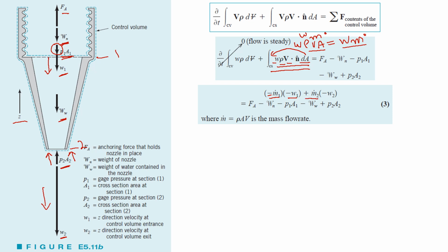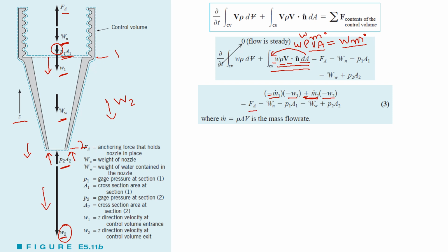Plus m dot 2, the mass flow rate at section 2 for fluid going out of the system, and a positive sign for it, because we know that the mass flow rate out of the system is positive. And then again the negative W2, that shows the negative direction of this velocity W2, and then it is equal to the right hand side of our equation.